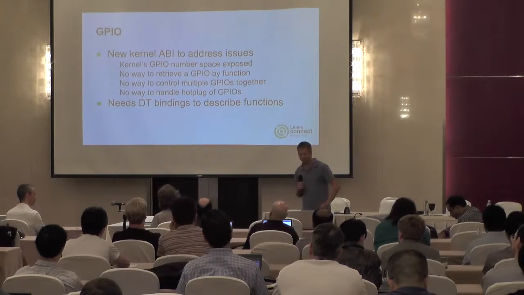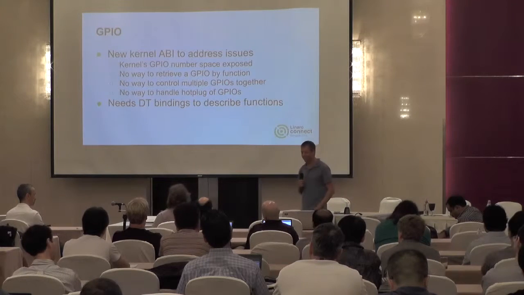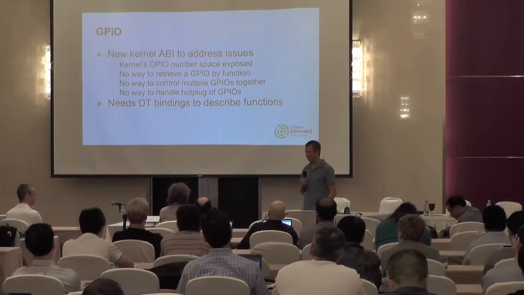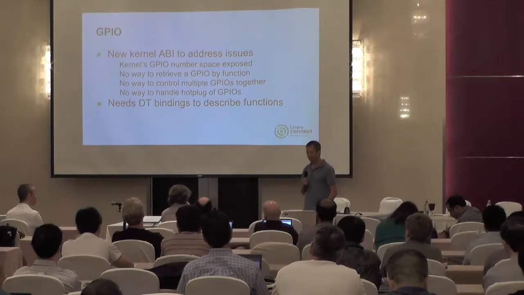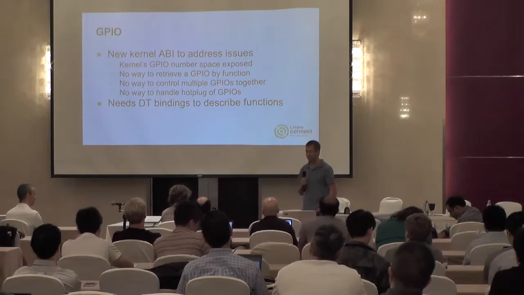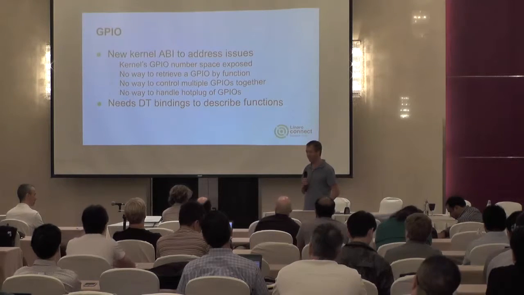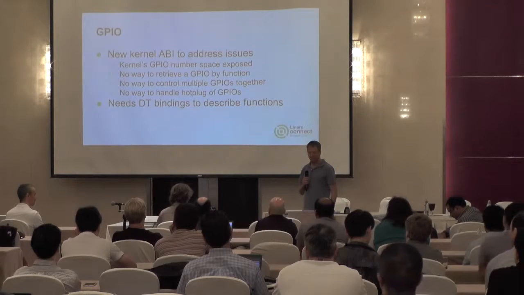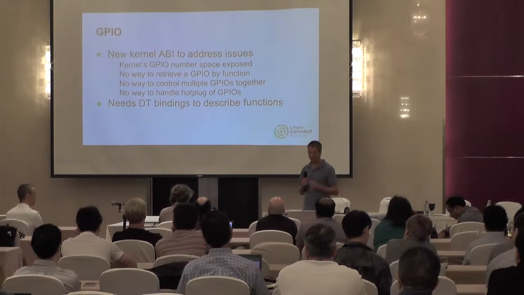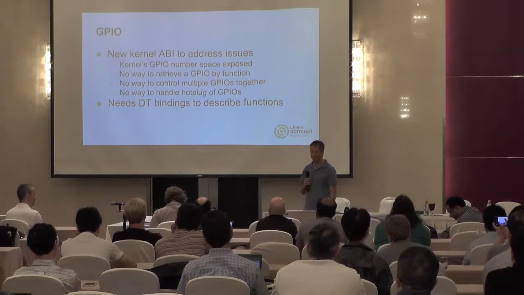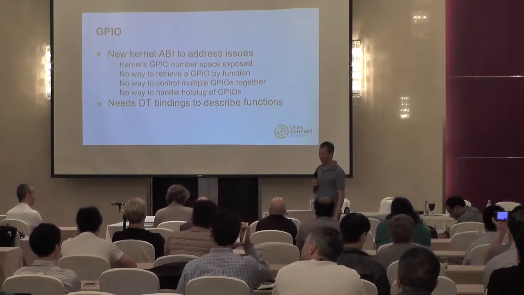So GPIO is one area in particular that's a challenge. The current kernel interface with sysfs is problematic because you don't know which GPIO line is which unless you know what board you're on. The kernel's GPIO numbering space is exposed to user space.